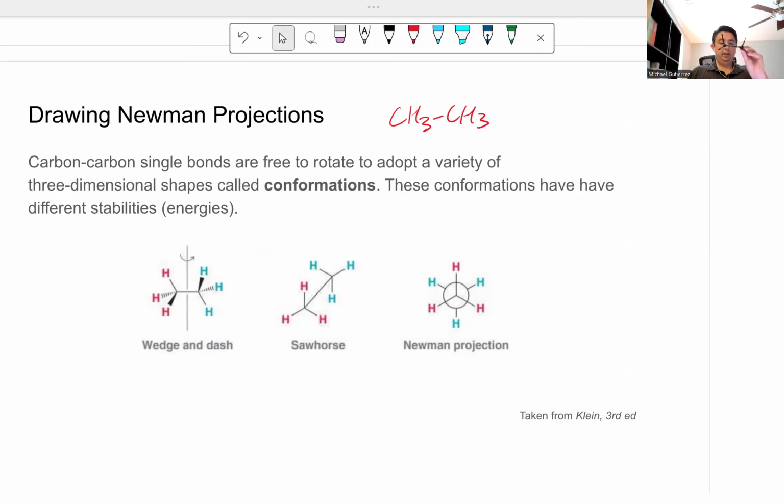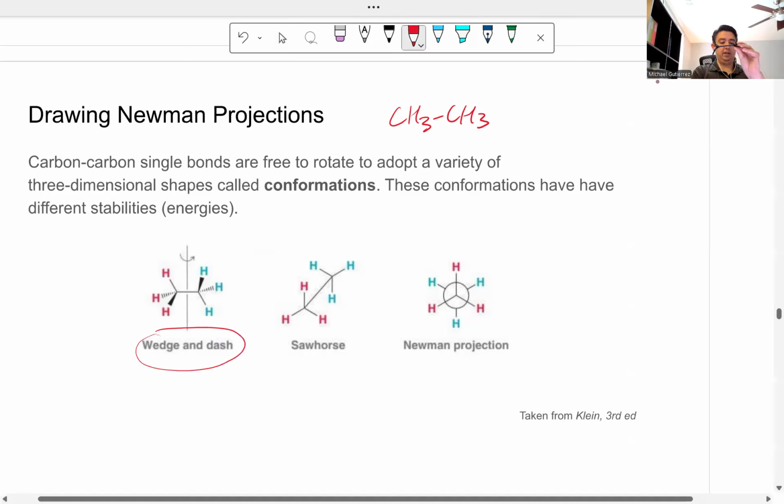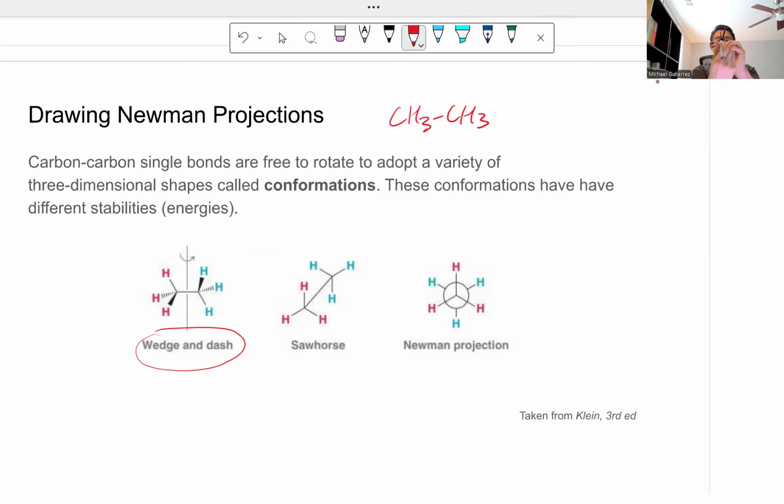So if we draw the skeleton formula of ethane like we see here, a Newman projection allows us to look at it from the front, like you're looking at this carbon right here. And this becomes a lot easier to see how these groups are rotating around that carbon by looking at it from the front.